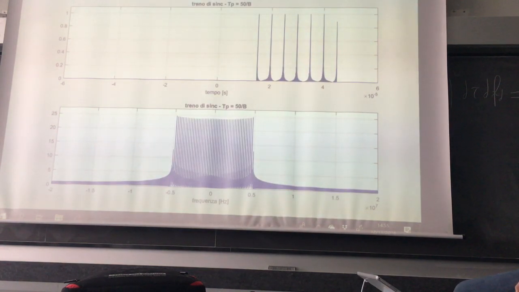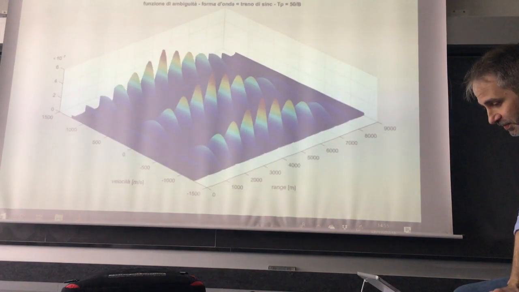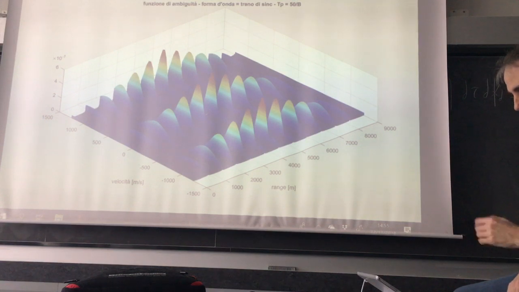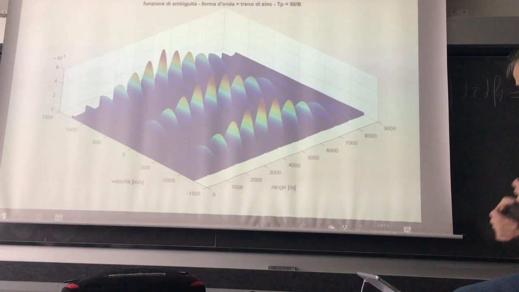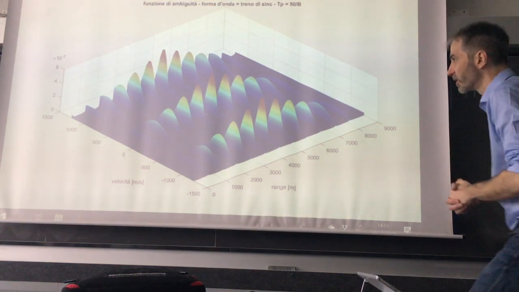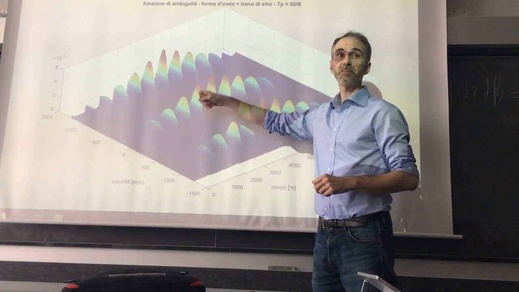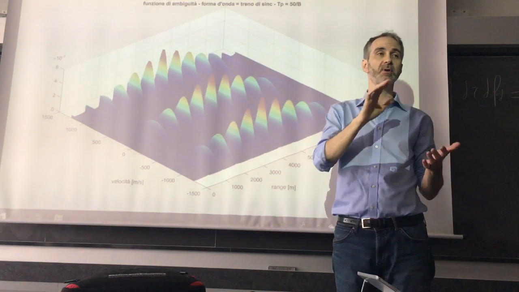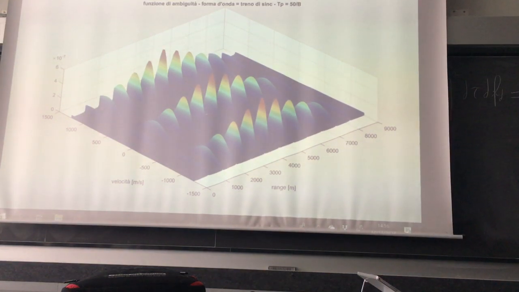So I am transmitting many cardinal sines, and what I get is this function. Now, is this good or bad? Well, the trick with this waveform is that I can design the waveform so that all these other peaks correspond to positions and velocities that are not physical or are not likely, at least.